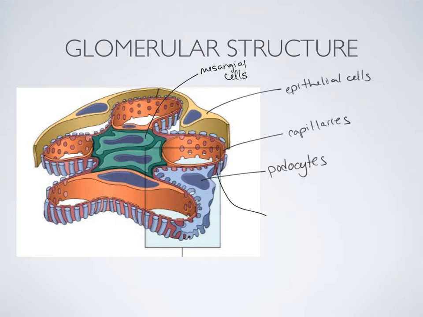So there's basement membrane, and that basement membrane forms a network throughout the glomerulus that the mesangial cells live within. And the mesangial cells, along with the endothelial cells, help produce the basement membrane. They're kind of like fibroblasts. They can produce growth factors.